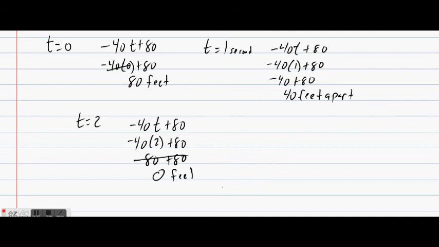So 0 feet apart. Well, what in the world does that mean? 0 feet apart. That means that the rocks are right next to each other, the same height off the ground. They could both be hitting the ground, or they can just both be at the same height. We don't know. But they're side by side. Well, I hope that helped a little bit.